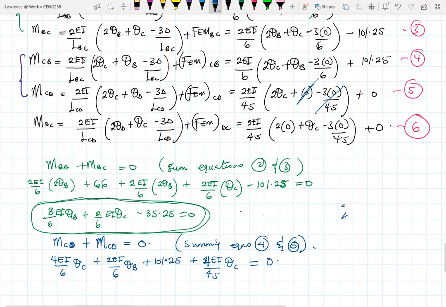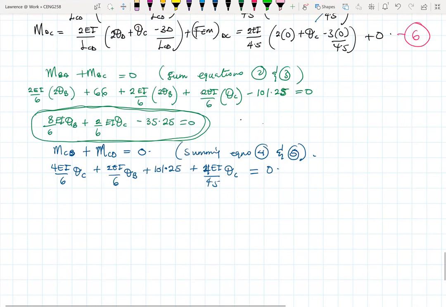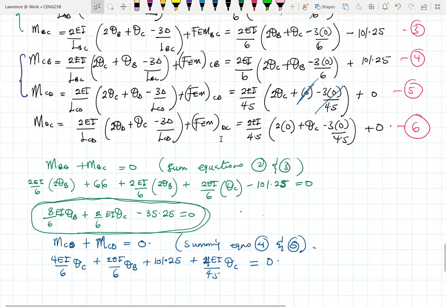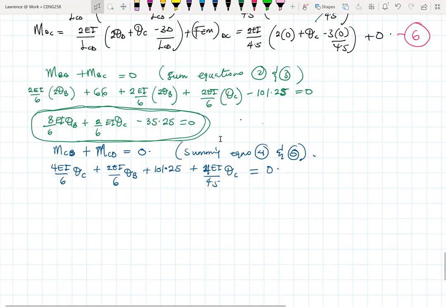Okay, so we can again simplify our equations, and we'd end up with 4EI over 6 theta C, and then 4EI. Am I correct? Yeah. If you add 4 divided by 6 to 4 divided by 4.5, you get very funny numbers. So you end up with 14.